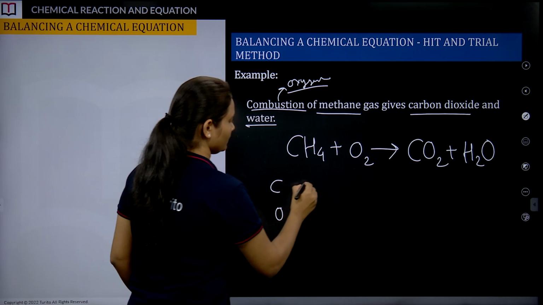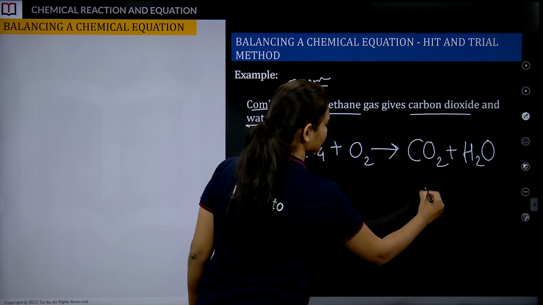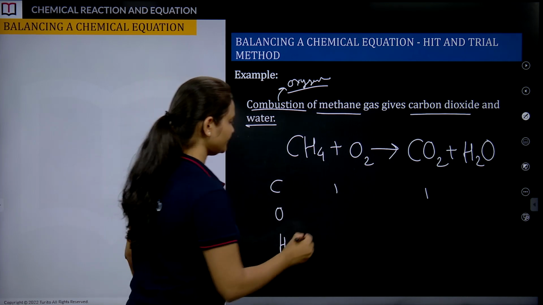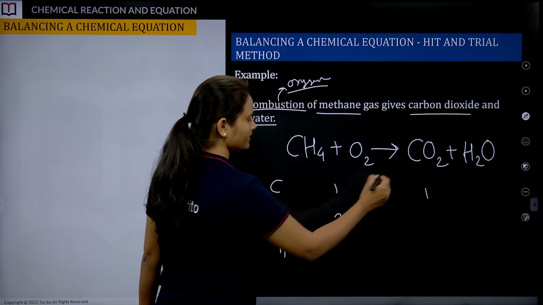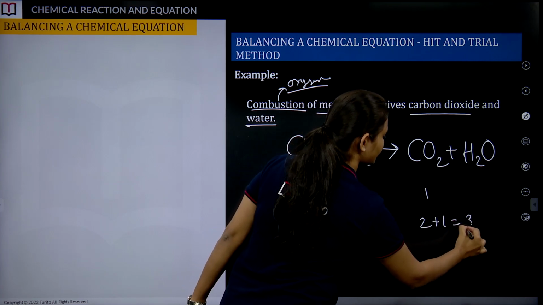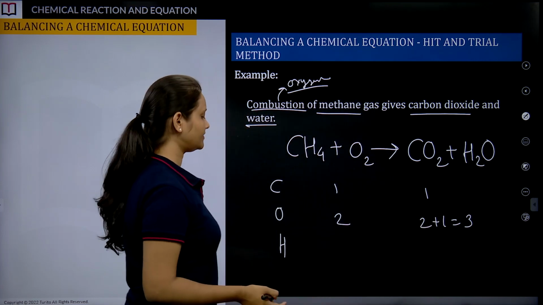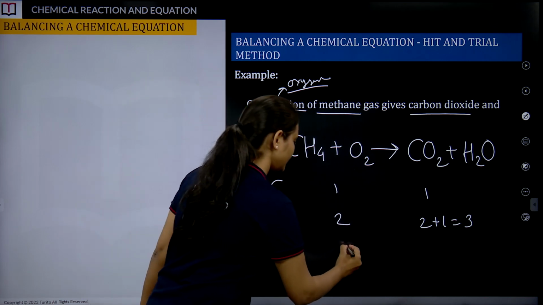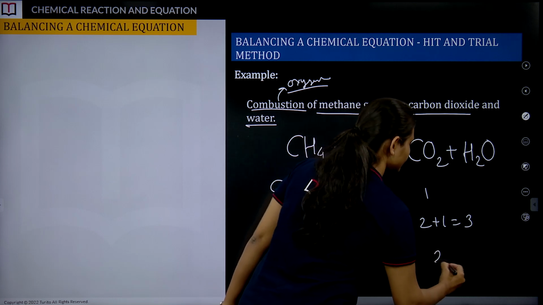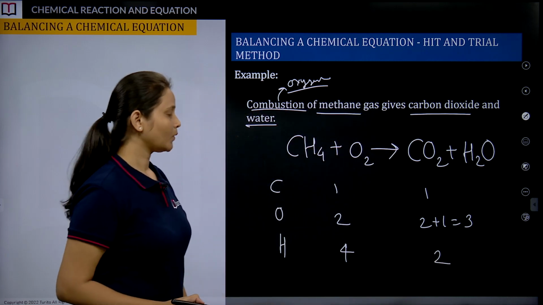Quickly now, C, then O, H, okay. Now carbon, here it is 1, there it is 1, okay. Moving ahead, oxygen, 2 atoms of oxygen, there is 2 plus 1 giving you 3 atoms of oxygen, correct. Hydrogen, how many? 4 are here, there is only 2, okay.